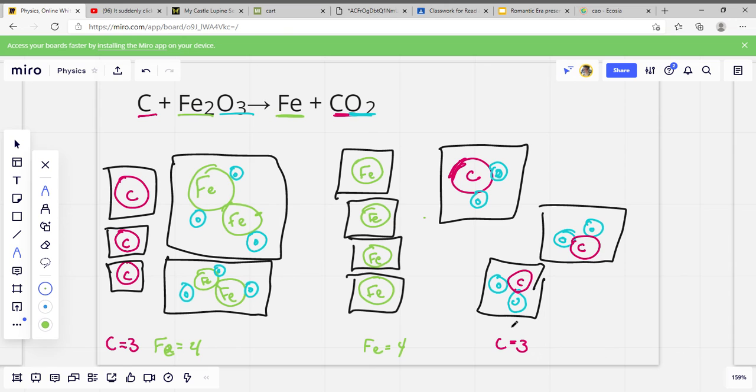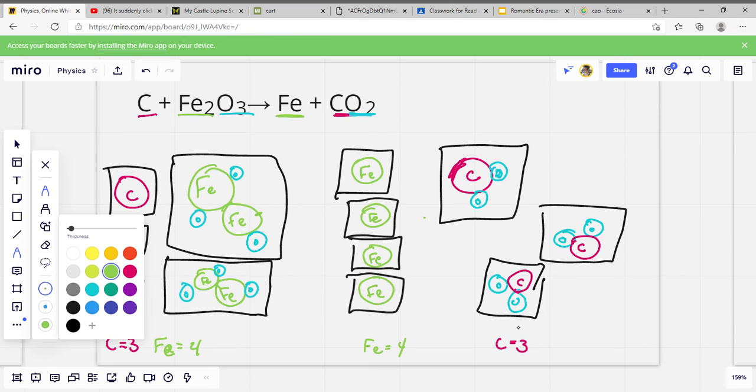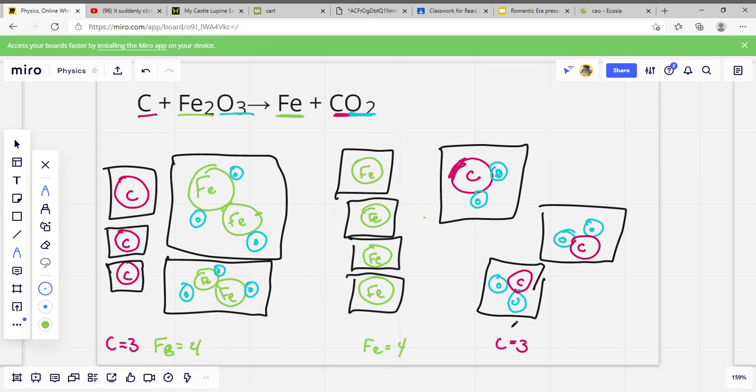Whoops, that's supposed to be an E. And then for oxygen, I've got 1, 2, 3, 4, 5, 6 on this side. And then my oxygen on this side equals 1, 2, 1, 2, 3, 4, 5, 6. So now we're balanced. Alright, so how do we write this?